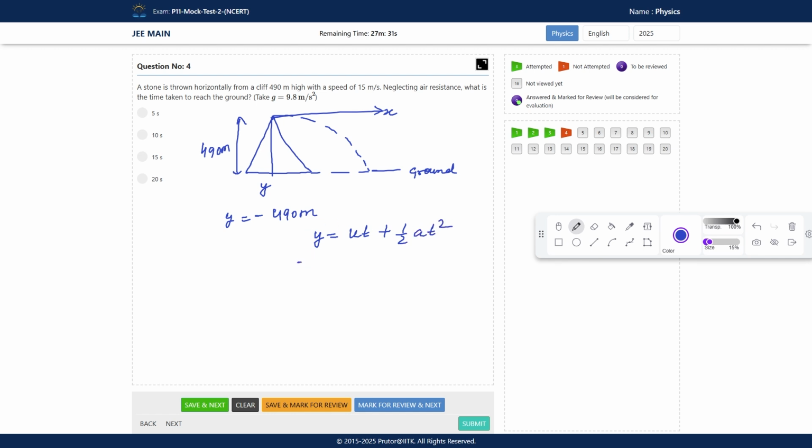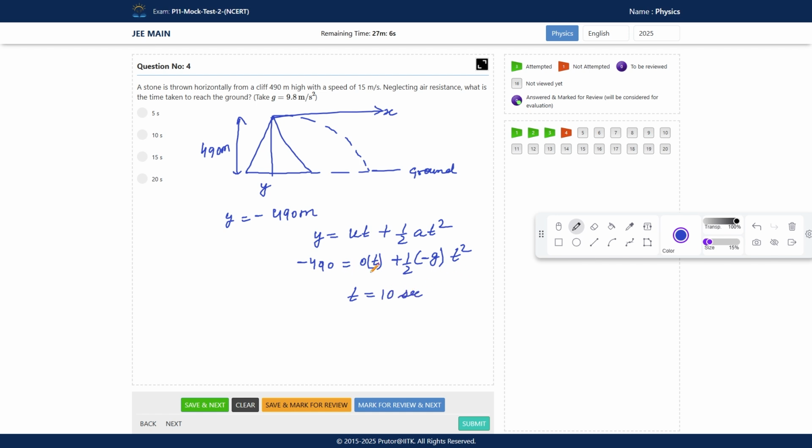So y equal to minus 490 and u is 0. Initial velocity is 0. So 0 into t plus half acceleration due to gravity, minus g, and t square. So solving this, you will get t equal to 10 second.